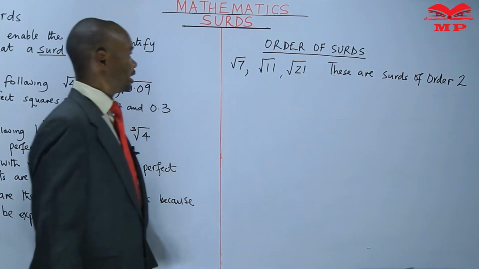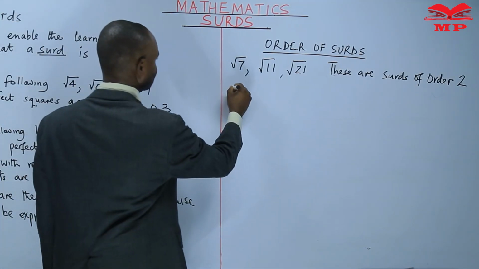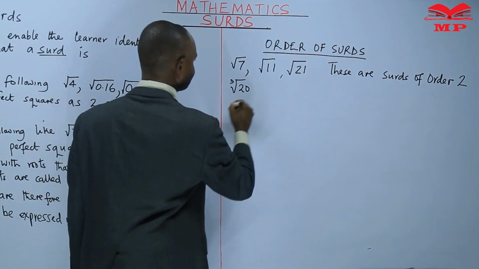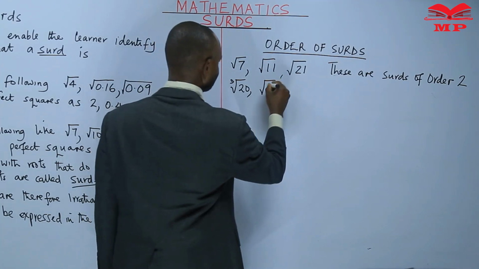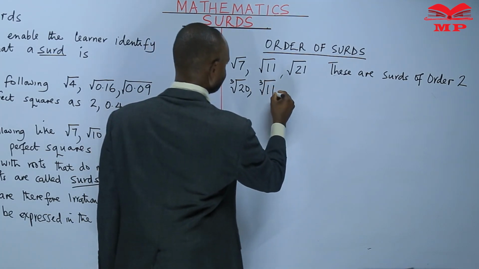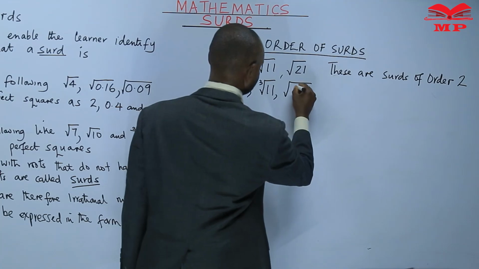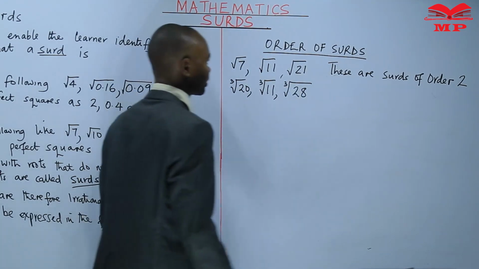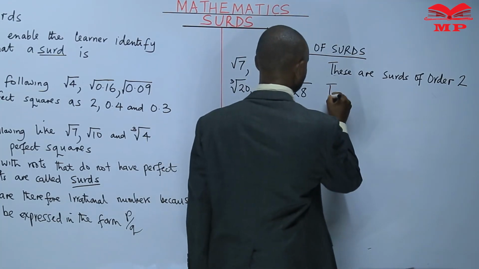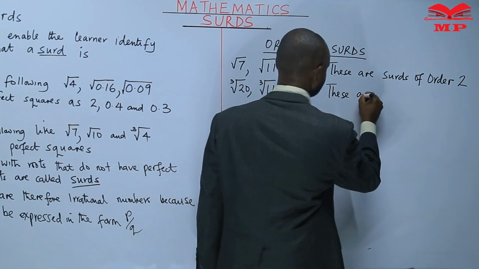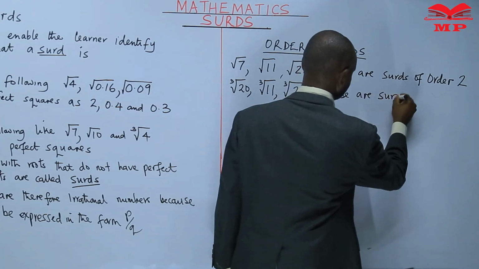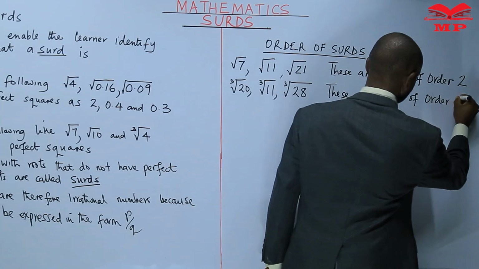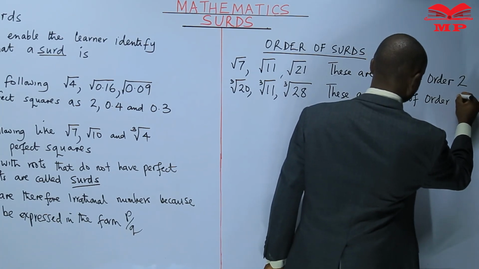When we come to the cube root of 20, the cube root of 11, and the cube root of 28, these are surds of order 3, not 2.